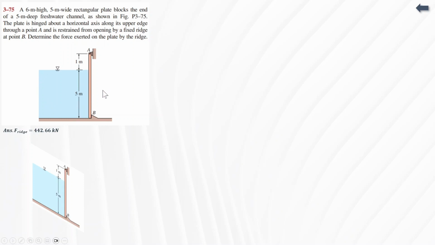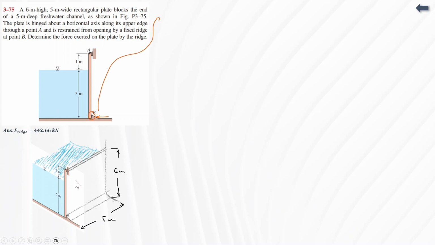And then finally, we take moments to get the force at the ridge. To imagine it differently, here's a 3D view. Most likely it looks like this, with these particular dimensions: 5 meters wide, 6 meters high in total, and then 5 meters here and 1 meter there. Given our plate dimensions, we know A is 5 meters.